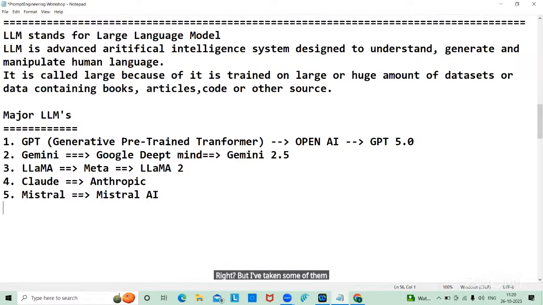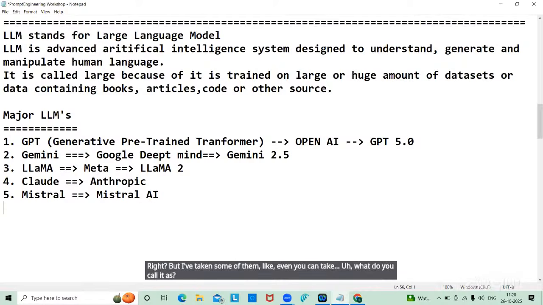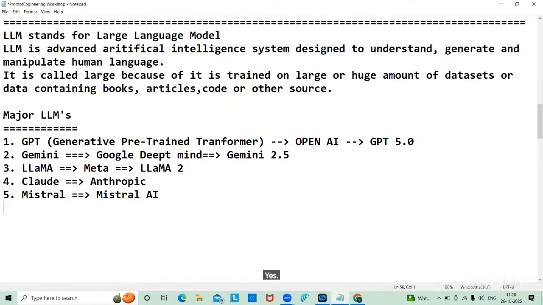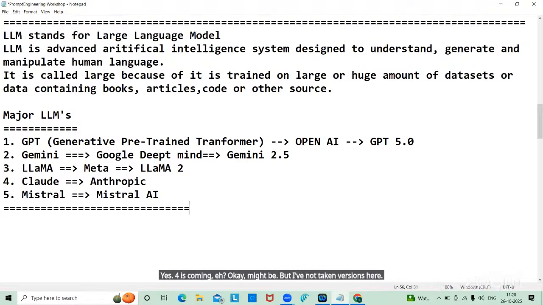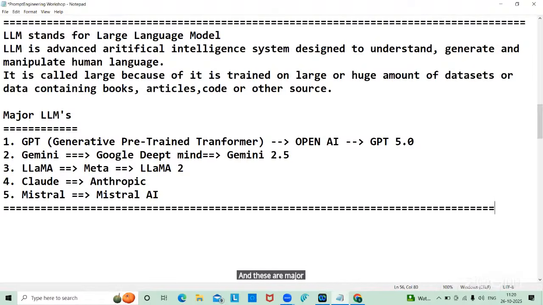Version 4 is coming, might be. But I have not taken versions here. And these are the major LLMs.